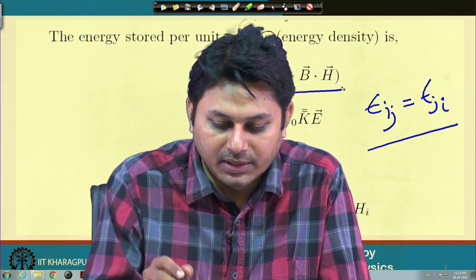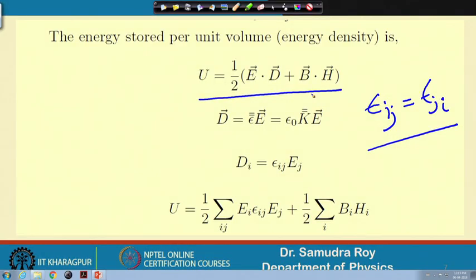So, U is the energy density, the energy stored per unit volume. That is the definition of energy density, and I can write this this way. Here D is epsilon double bar times epsilon 0 times E. This is the relationship between D and E in an anisotropic system.